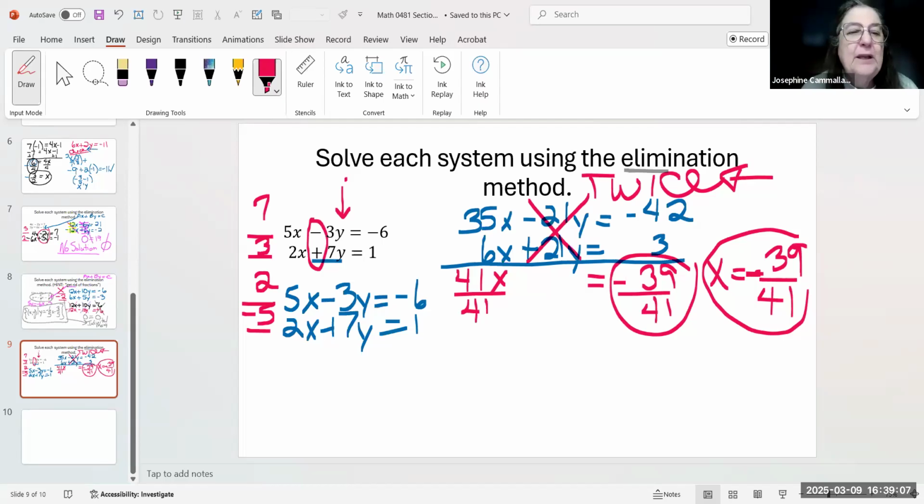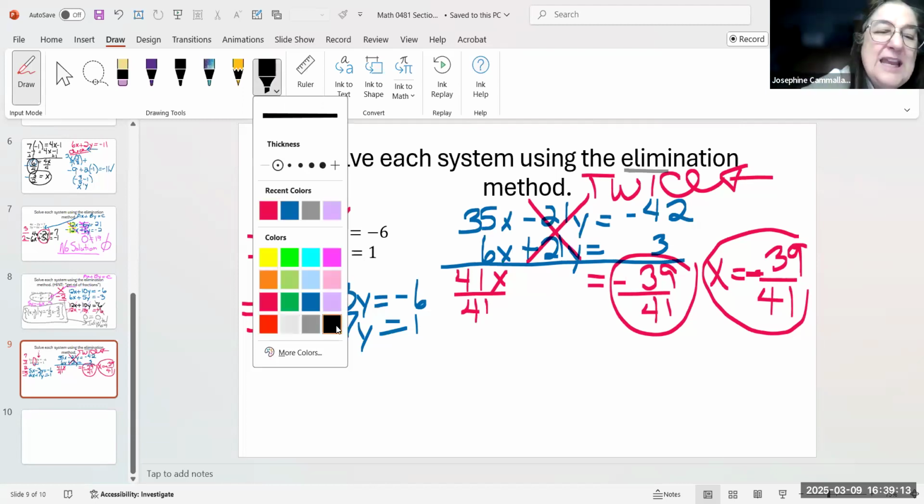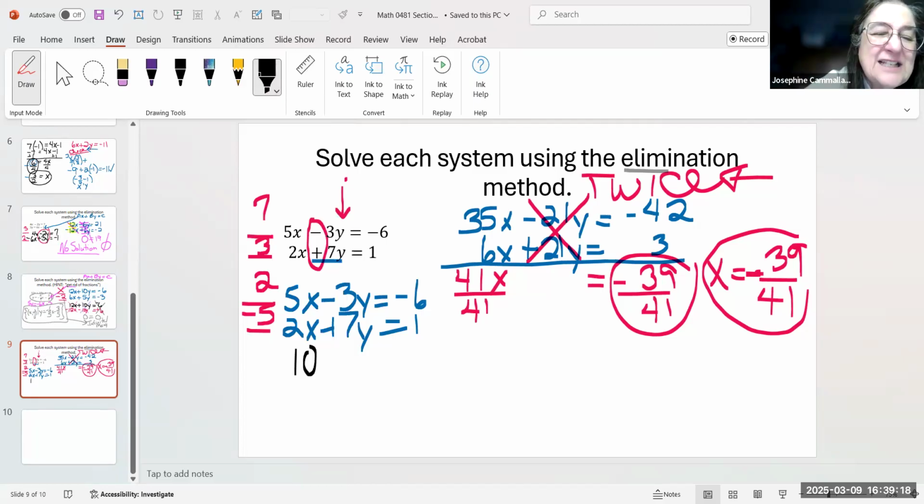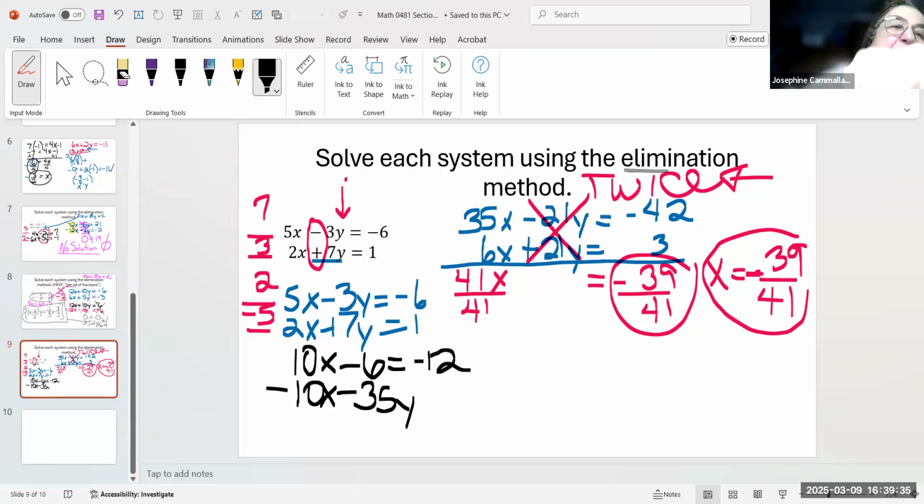Now, this is going to give me 10x minus 6y is equal to negative 12. I have a negative 10x minus 35y, and I forgot to put the y behind my 6 here.